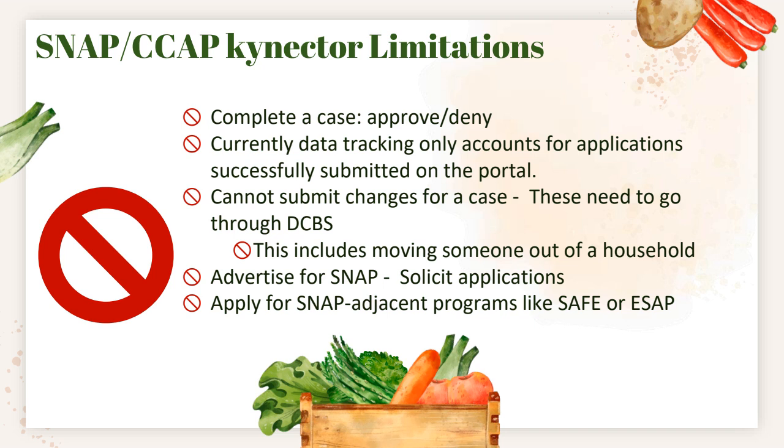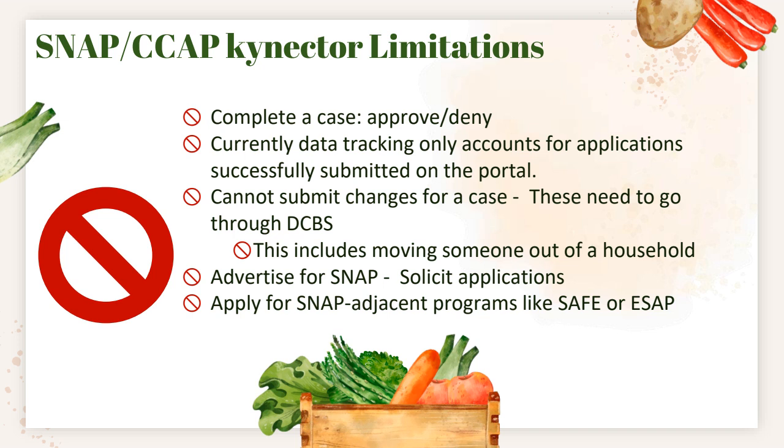That is not the case for SNAP and child care. Because of our federal limitations, applications have to go through DCBS to be completed, because SNAP is a very precise program, and so there needs to be a lot of review going on there.